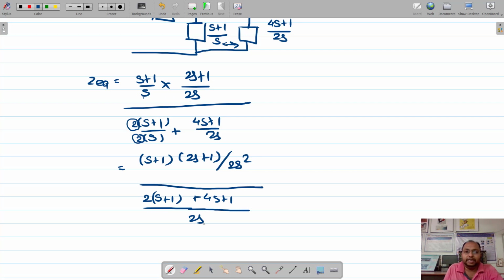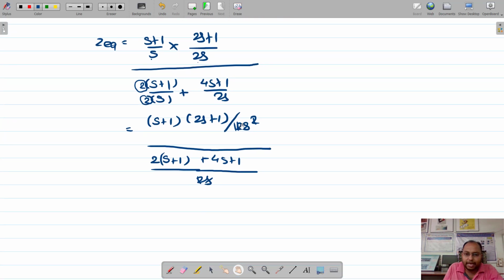And this is nothing but divided by twice s. So can I cancel out some terms from this? Yes, definitely I can cancel out some terms. That is nothing but 2s I can cancel out, isn't it? So only this s will be remaining over there.